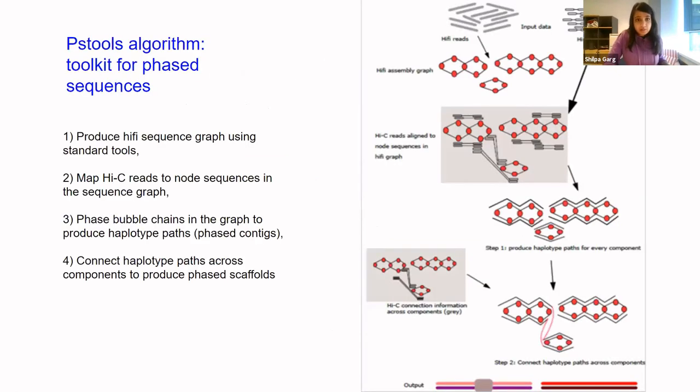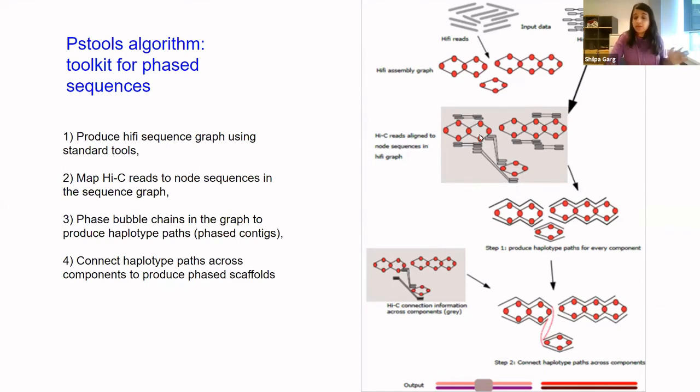And so the whole workflow to combine HiFi and Hi-C data is as follows. First, I construct a HiFi assembly graph and then align the Hi-C reads to the node sequences in this graph. So there are two types of connections. One is that Hi-C gives connections within the components, how the sequences over several megabases should be connected to each other.